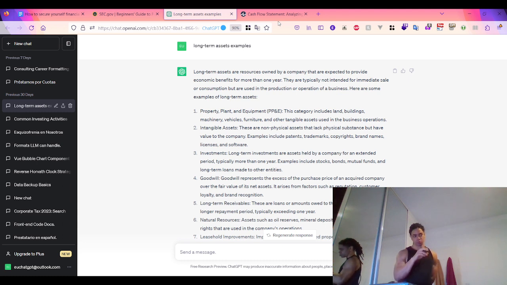Then you can look at the operating activities. What it does is look at the net income from the income statement and reconcile it with the total amount of cash that was used from other operating activities. Liabilities are obligations that you have to pay, and assets are things that you own that have value.